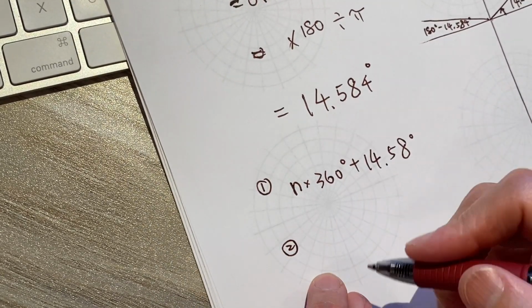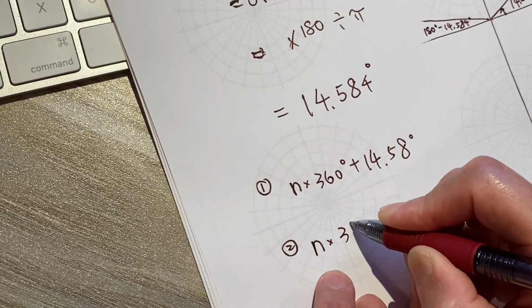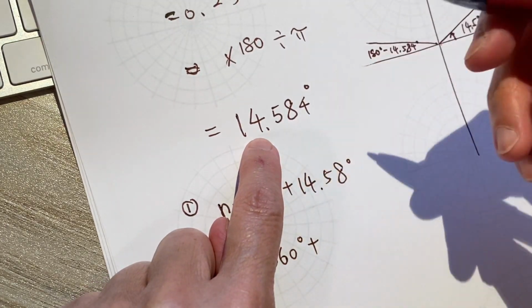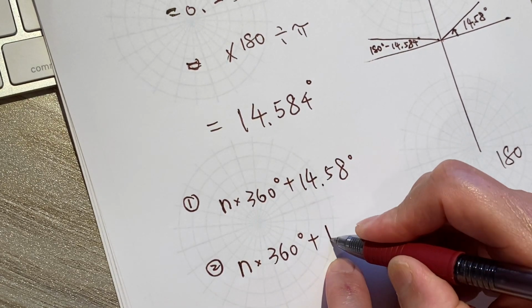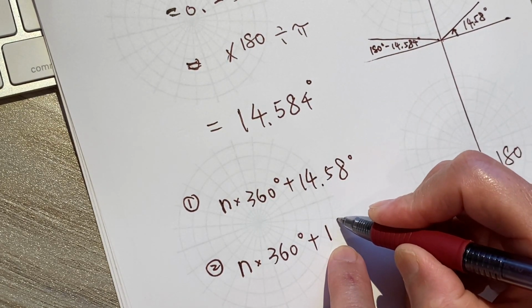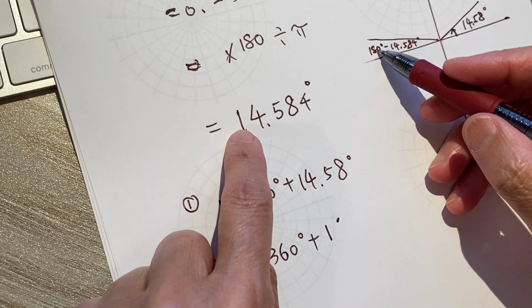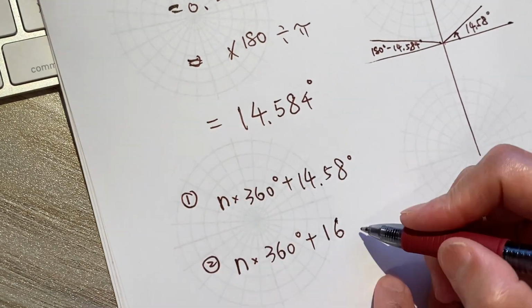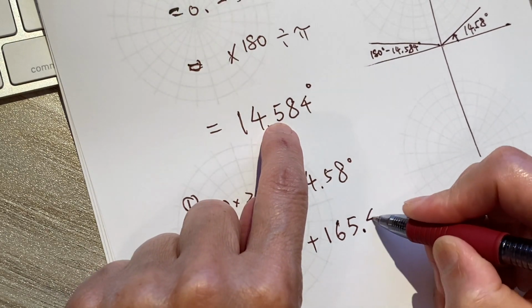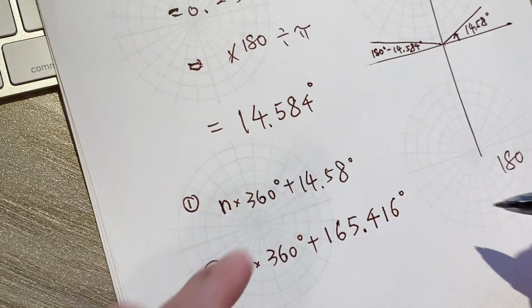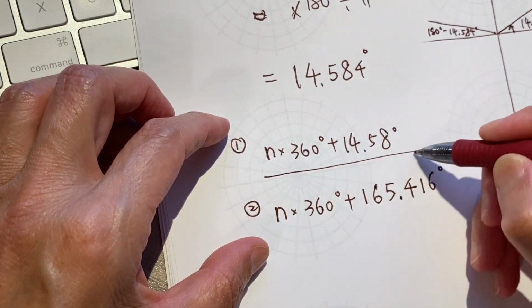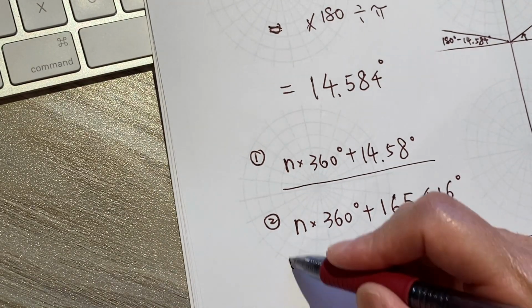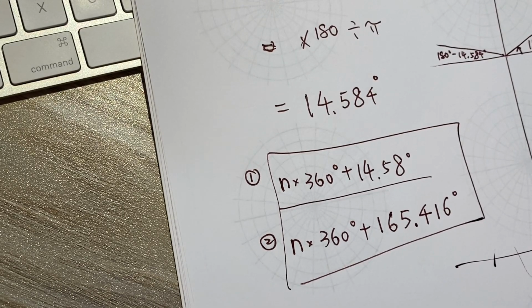The second answer is n times 360 degree plus 180 minus it, so it's 165.416. So these are the answers.